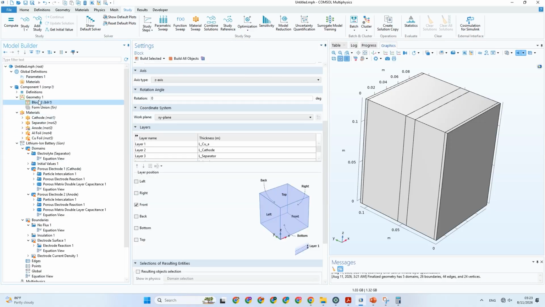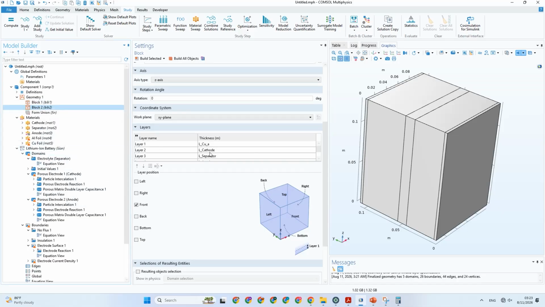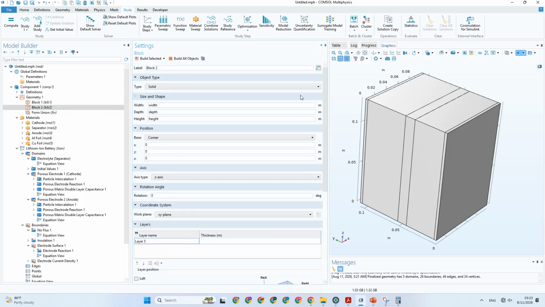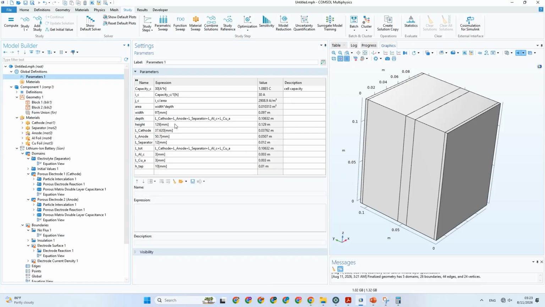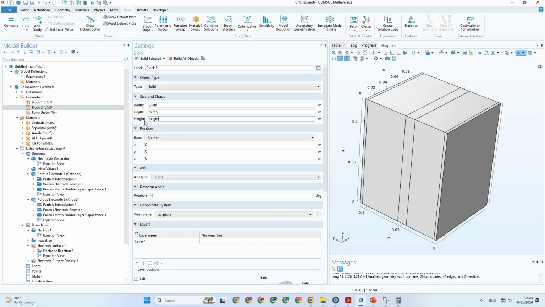I can add another block. I will duplicate it, but I remove the layers. Instead of etched height, I choose, excuse me. Here, I forgot to remove. I must add the H tab in block 2 as high. Okay. It must be H tab.